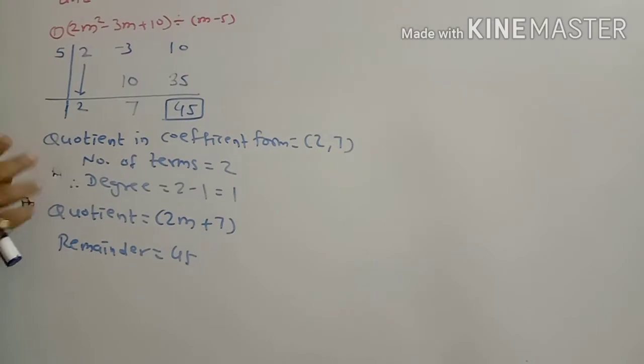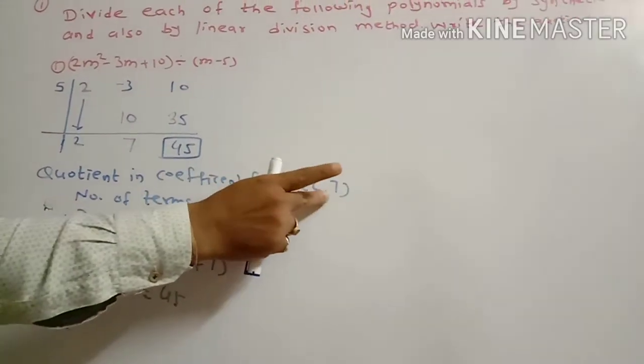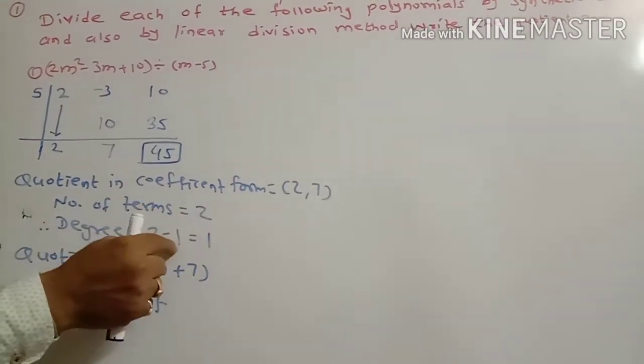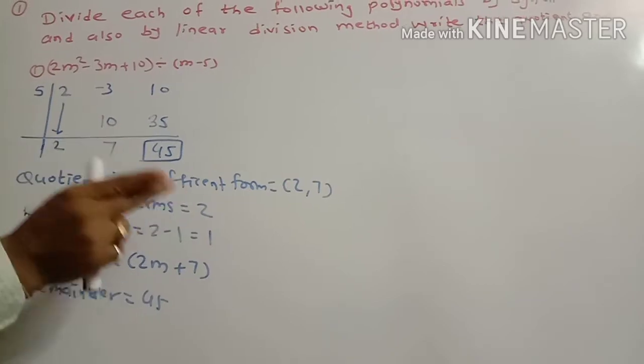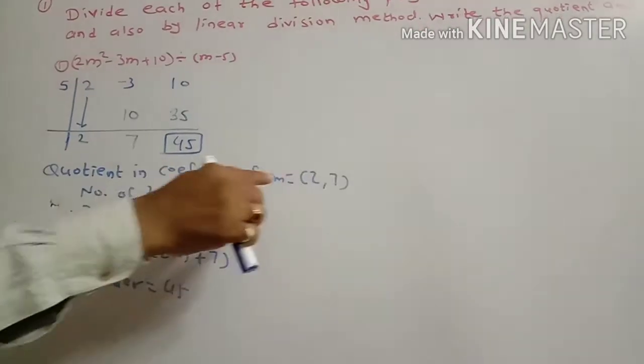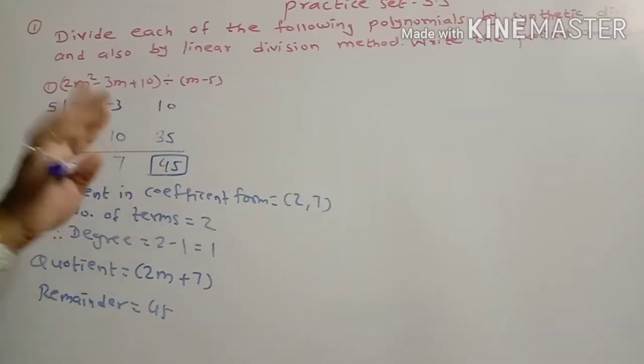The quotient in coefficient form is 2 and 7. Then the degree is the number of terms minus 1, that is 2 minus 1, which is 1. Then the quotient in index form is 2m plus 7, and the remainder is 45.